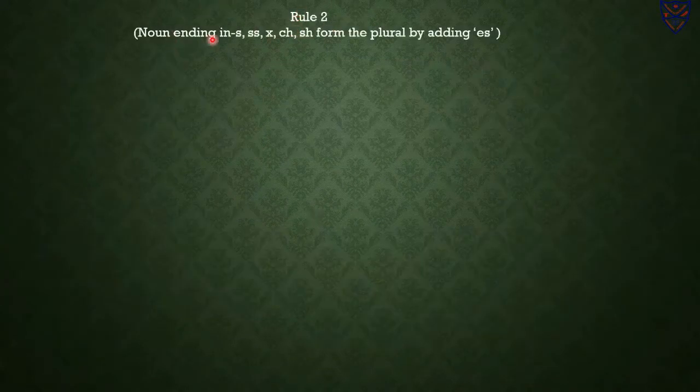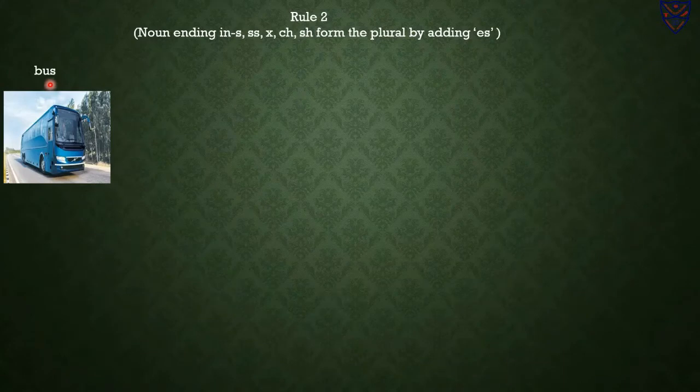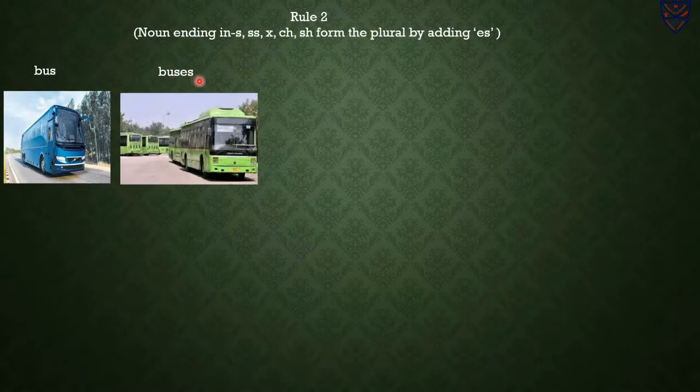Let's see rule 2. Nouns ending in s, double s, x, ch, sh form the plural by adding es. Let's see some examples. Bus. Students, here you can see s at last. Okay, now to convert this bus into plural. Bus means one bus. It's singular. To convert this bus into plural, we have to add es at last.